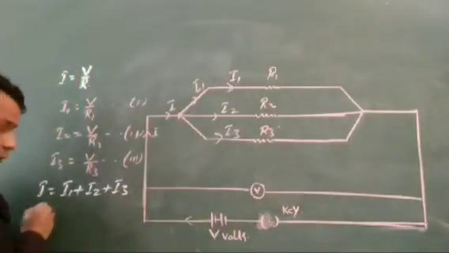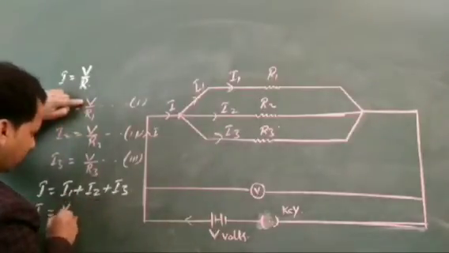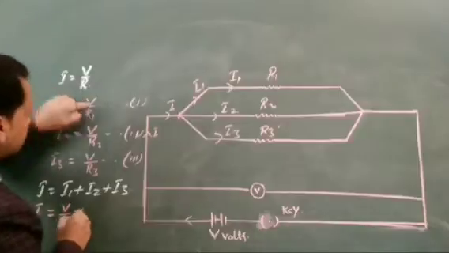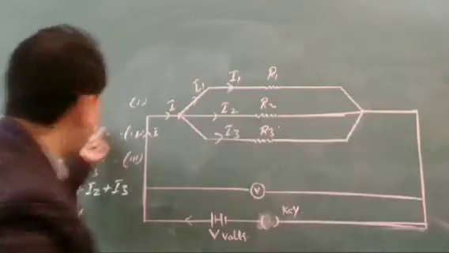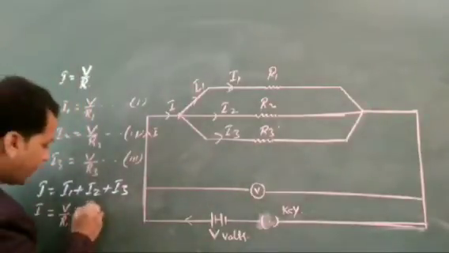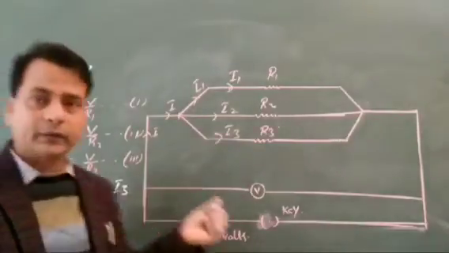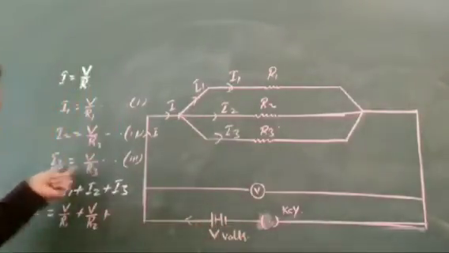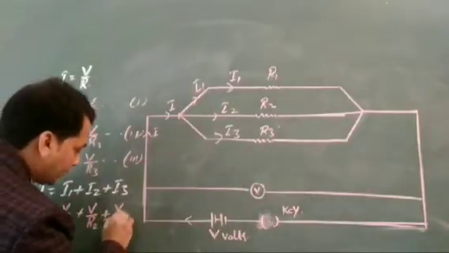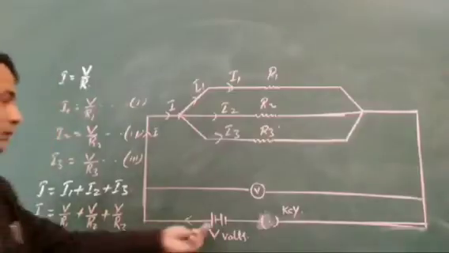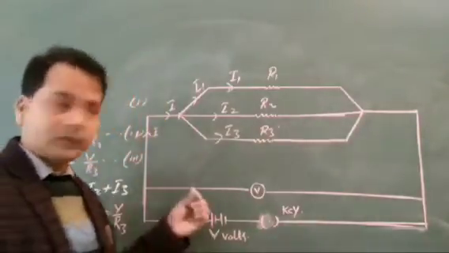Then I equal to V by R1 plus, from equation 2, I2 equal to V by R2, and from the third equation the current I3 equal to V by R3.